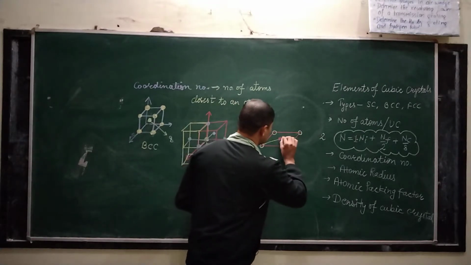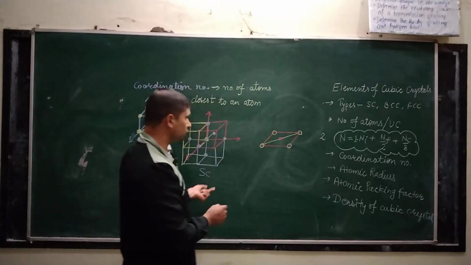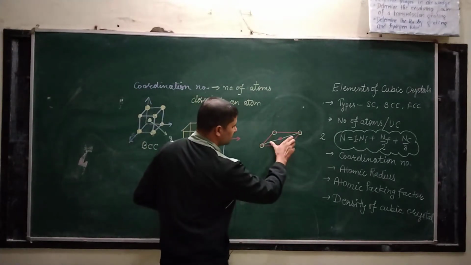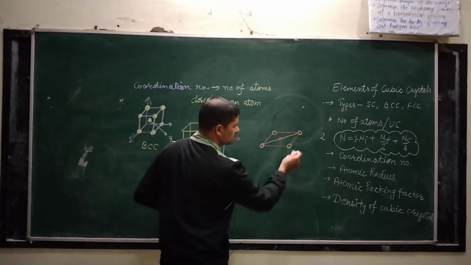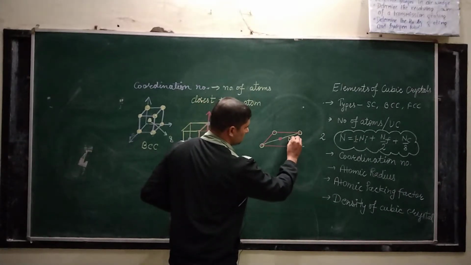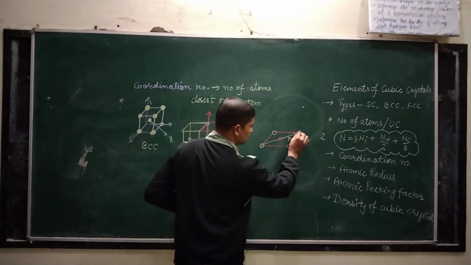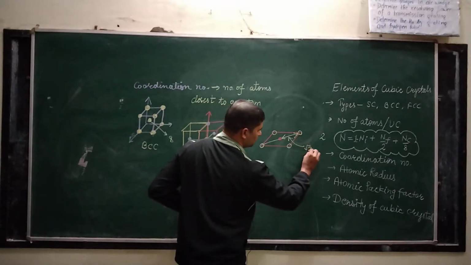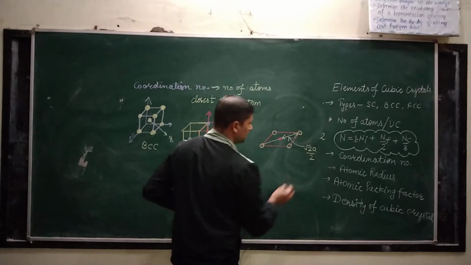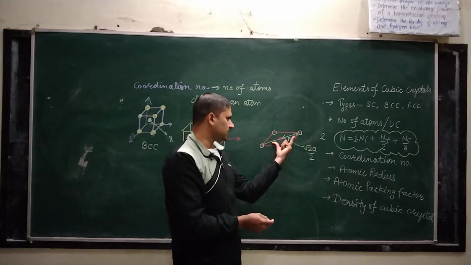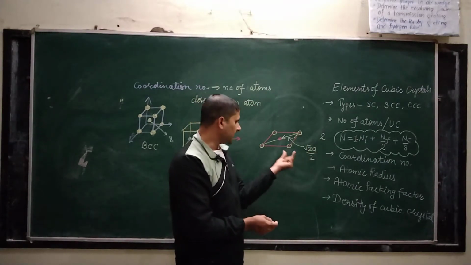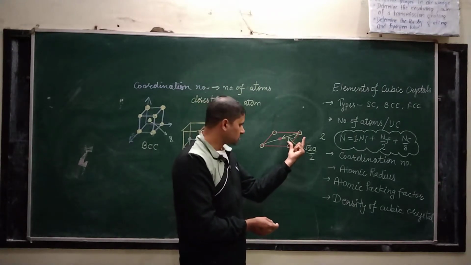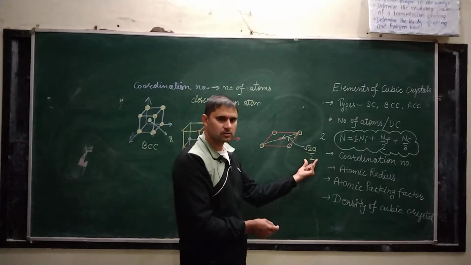This is the face diagonal, and this is a cube. So this side is a, this is a, and this is the distance between the particles. This distance is root 2a by 2. You see, the diagonal of the face will be root 2a, and its half is on this side and half is on this side. So this side is root 2a by 2.